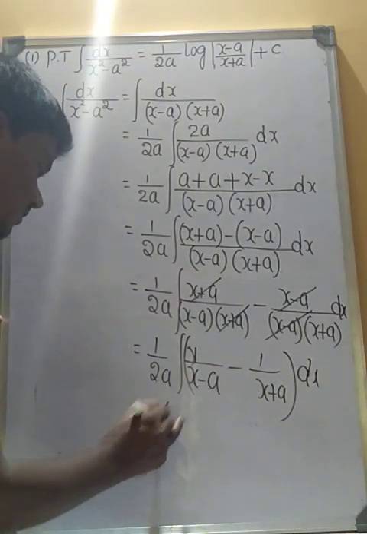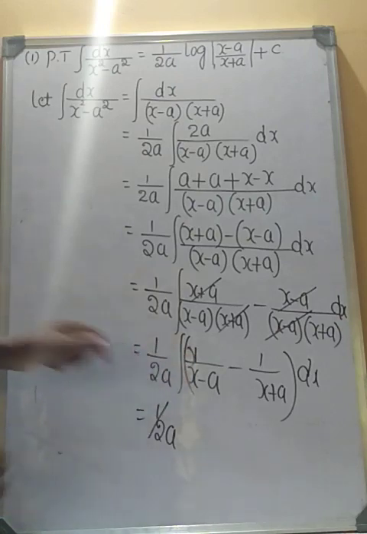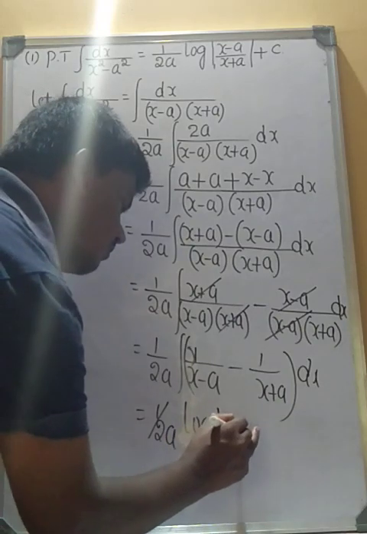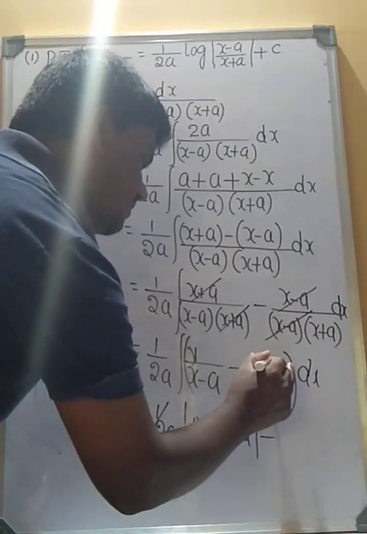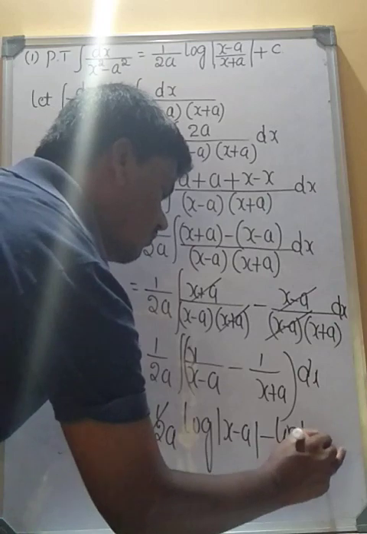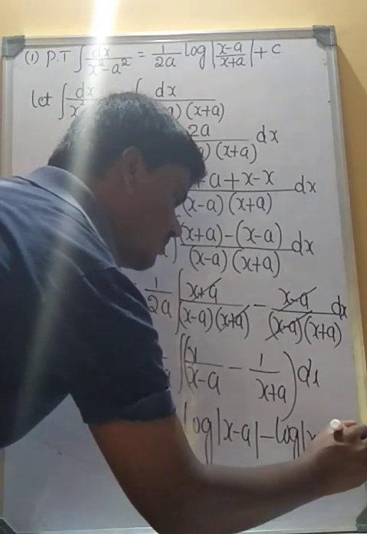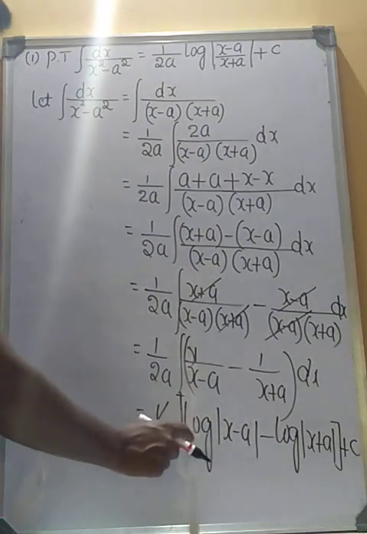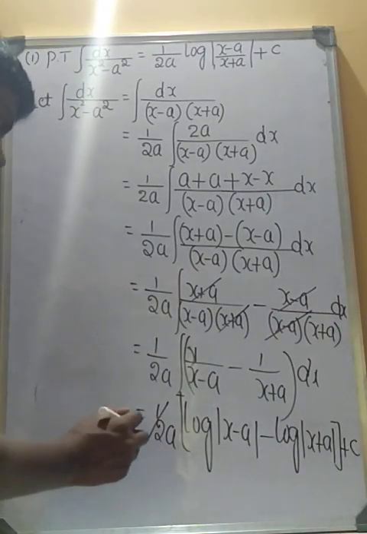That equals 1 divided by 2a integral of 1 by x minus a is log of mod x minus a, minus integral of 1 by x plus a is log of x plus a, plus constant of integration c. You know log a minus log b equals log of a by b.